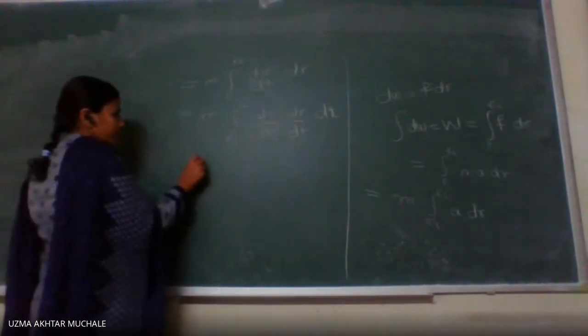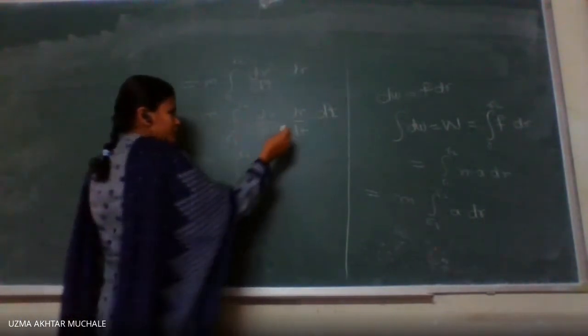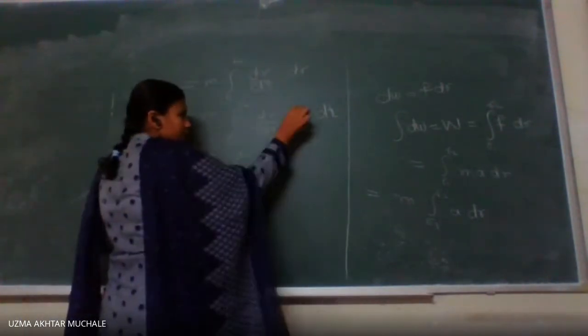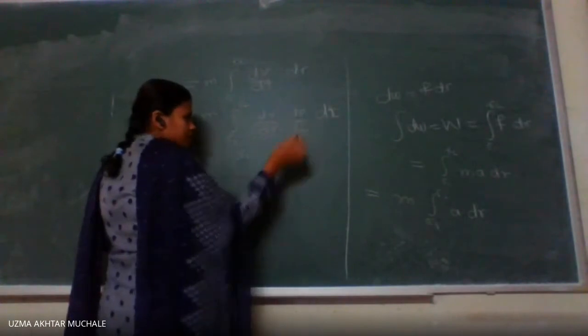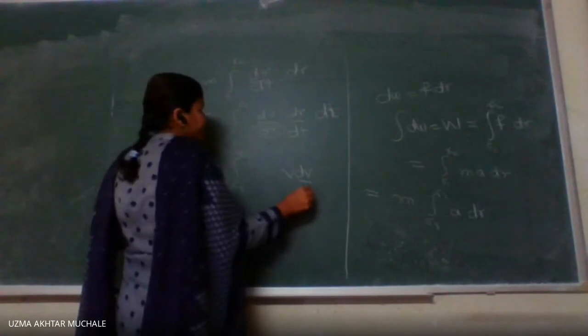So let us take mass into integration r1 to r2. What is the formula for dr by dt? Rate of change of the position vector with respect to time is nothing but the velocity.